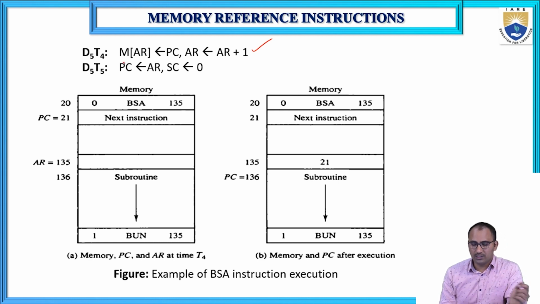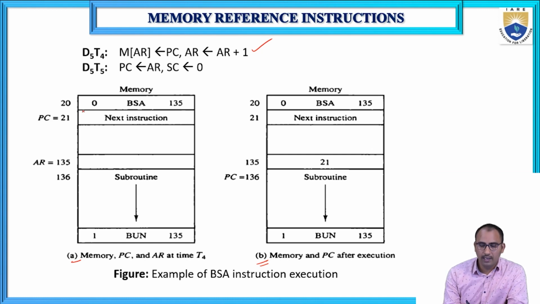We can understand this with a diagram. Figure A represents the contents of the memory and program counter before BSA instruction execution, and figure B represents the memory and program counter contents after execution.